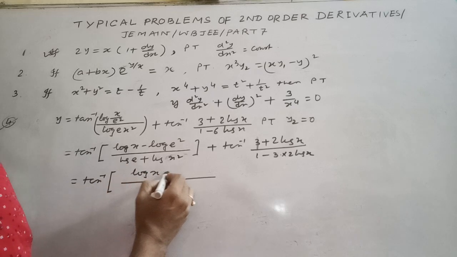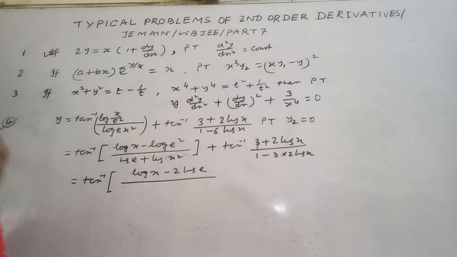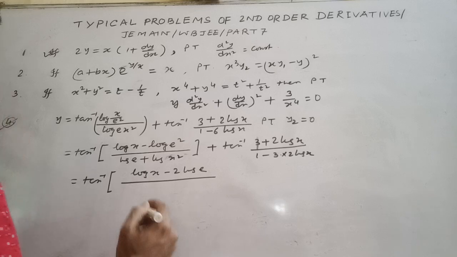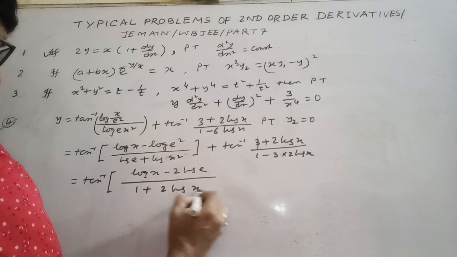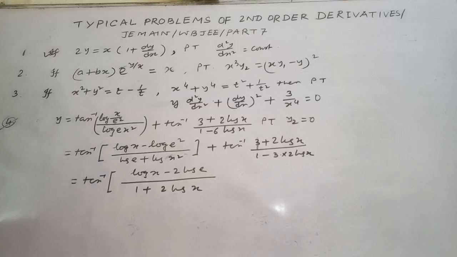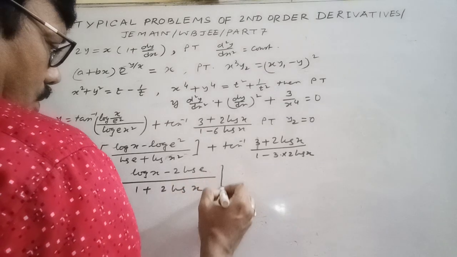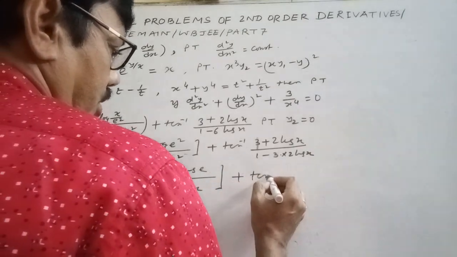So this is log x minus 2 log e, 1 plus 2 log x, 2 log x. So this is tan inverse.